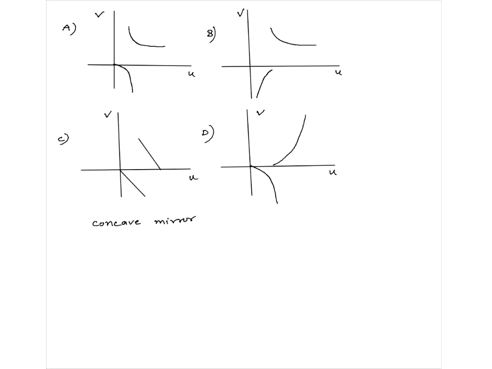How can it be a linear relationship? C is out. Now all the three have reversals. Other options all have reversals, sign change. And in all of them, it is first V minus, then V plus, V minus, then V plus, V minus, then V plus.